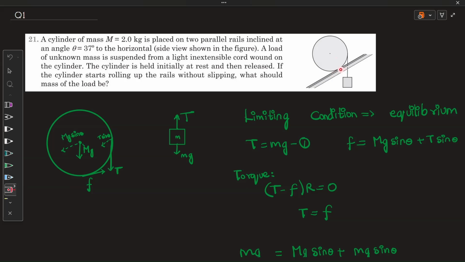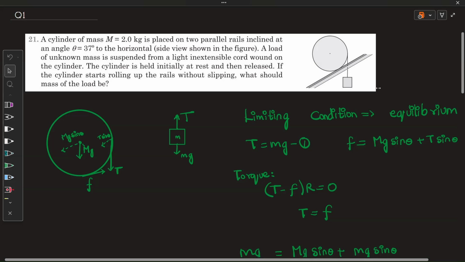So there must be some force which pushes the cylinder upwards. If you see in this free body diagram, the tension component is in this direction. If friction is not there, each and every force is pushing in this direction, so we won't get any real force to push it upwards. So friction is necessary for this condition.